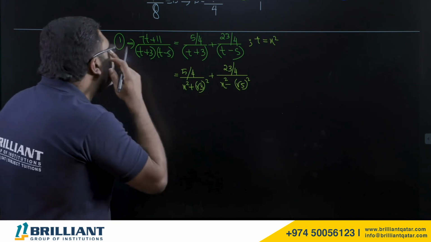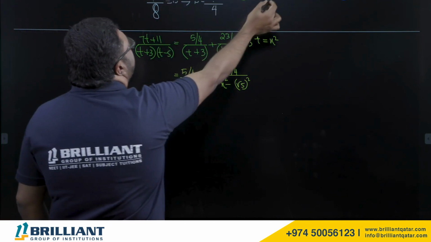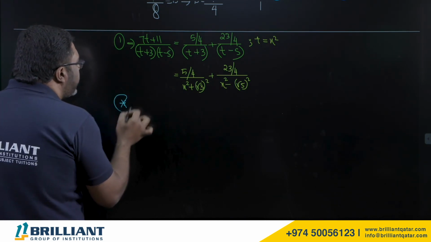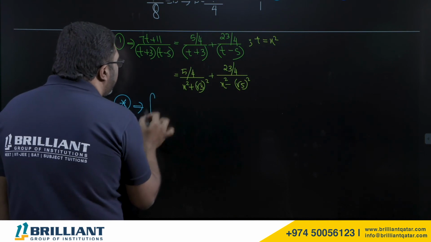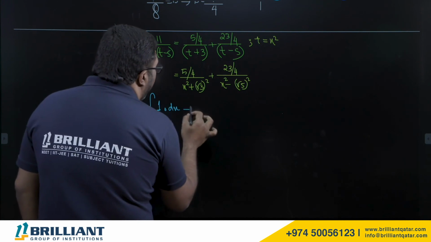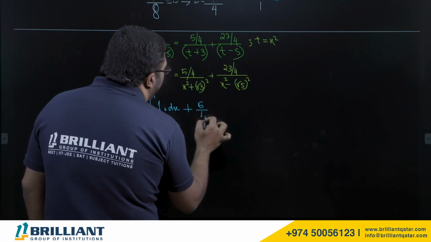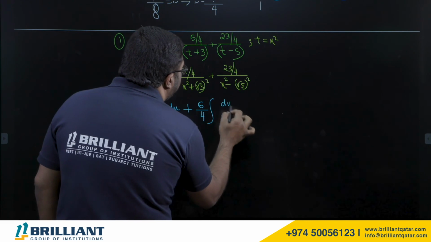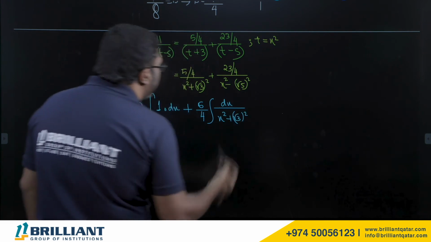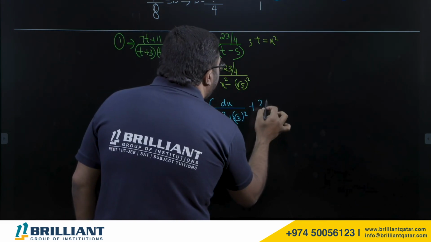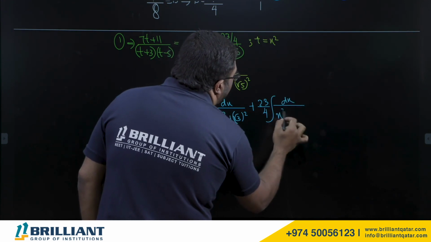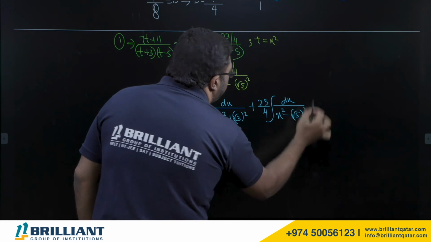So equation star implies integral of 1 dx, plus 5 by 4 into integral of dx by (x squared plus root 3 squared), plus 23 by 4 integral of dx by (x squared minus root 5 squared).